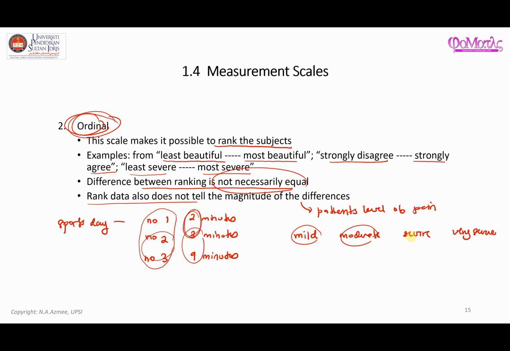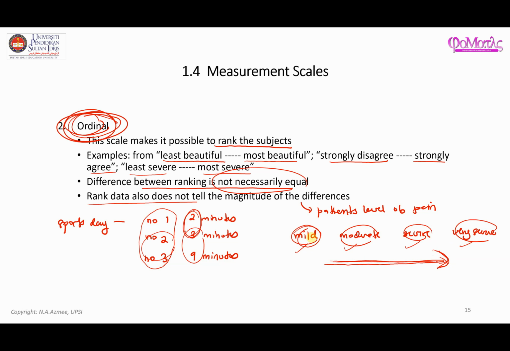So these categories are an example of some sort of ranking, even though the answers given by the patients are in terms of names. You can call them names, but the names here are arranged in a particular order, ordinal. The order here is from mild to very severe. There is a clear order or a clear direction to where it is heading.